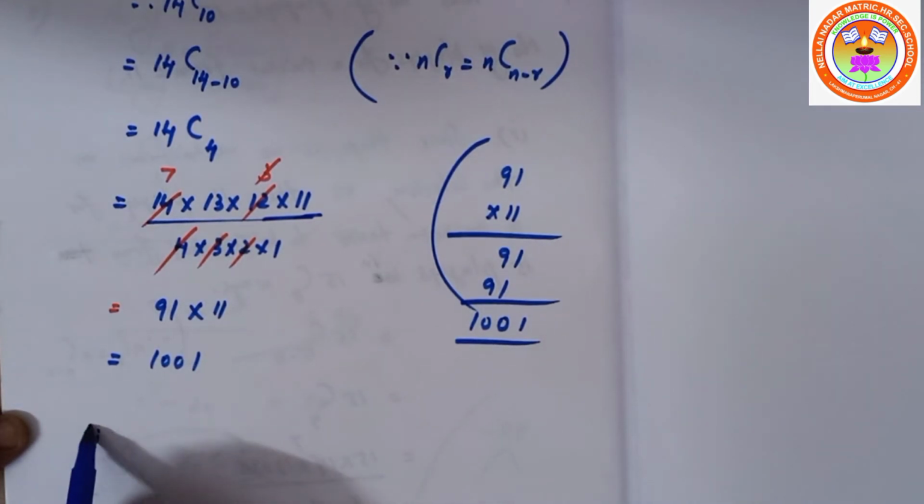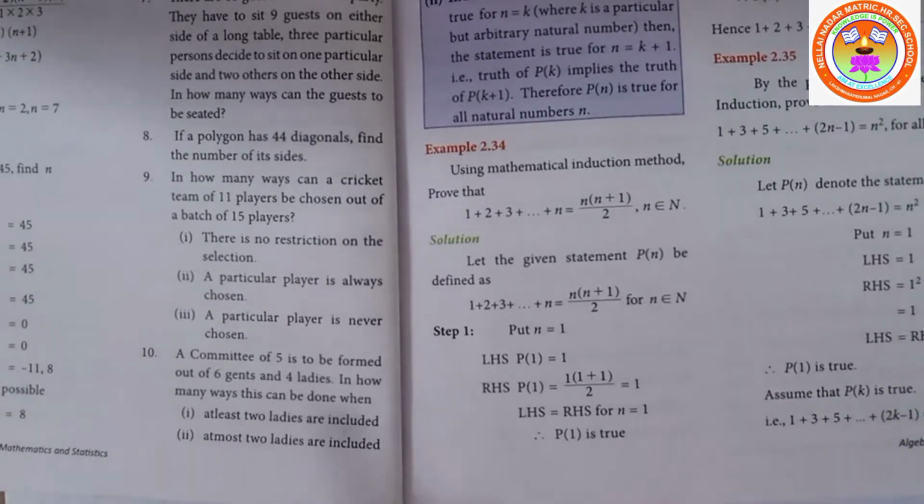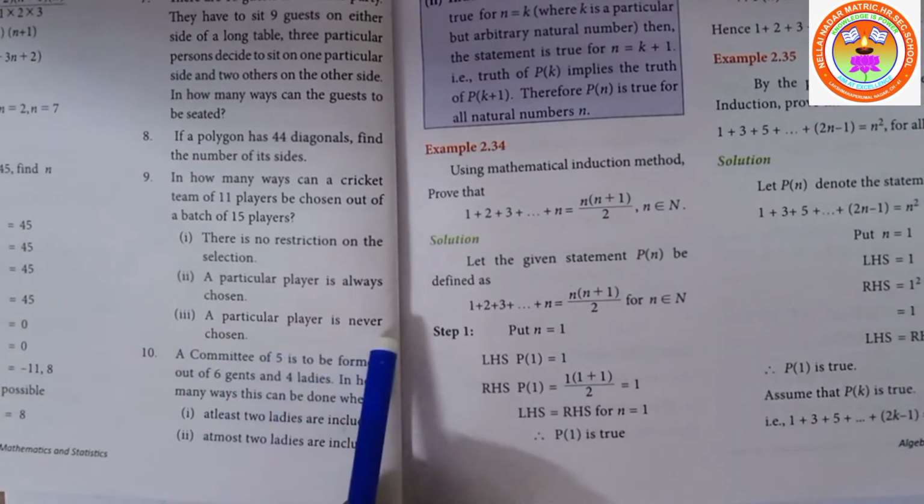Now subdivision number 3. Subdivision number 3, a particular person is never chosen.